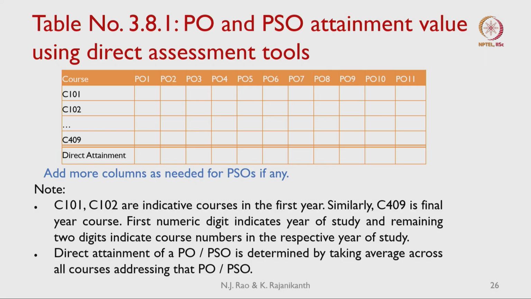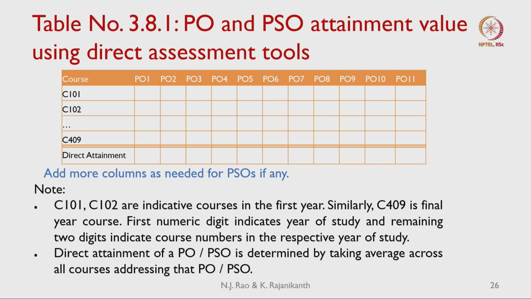All that is called direct attainment, and how they contribute to the attainment of POs as well as PSOs. Here this table shows only POs, but we include the columns for PSOs as required, 1, 2 or 3, whatever the PSOs defined by the department.